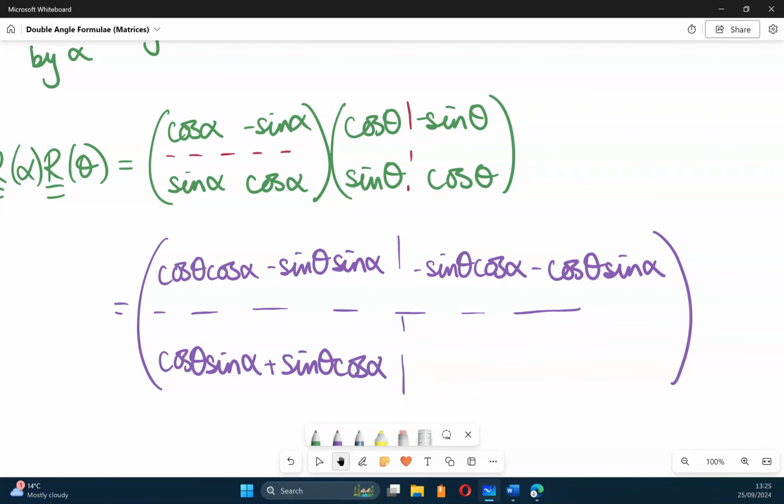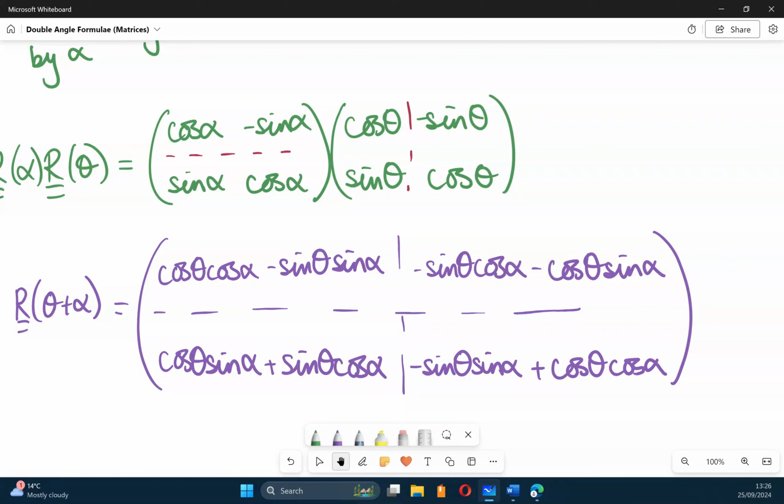And then the final term, second row, second column, that's minus sine theta times the sine alpha, and then the cos alpha times the cos theta, like so. So this is our expression for R of theta plus alpha, because it's made up of the two rotation matrices, theta and alpha.